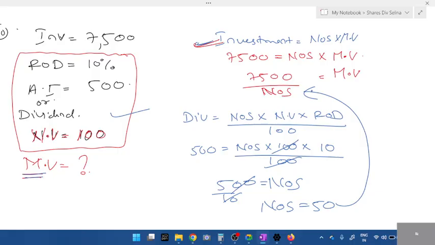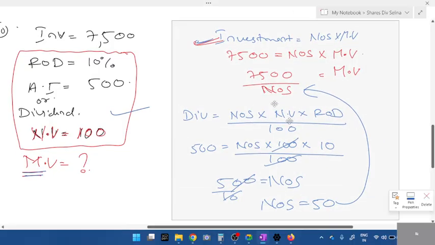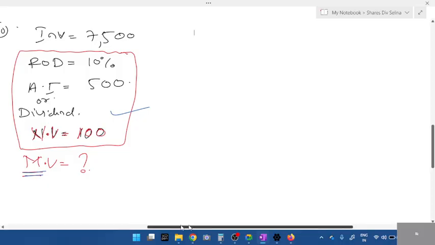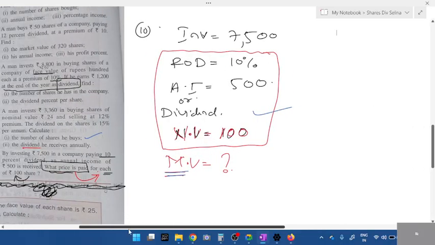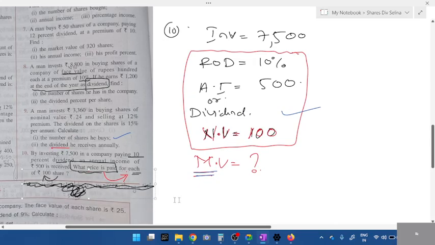So those who didn't understand, I'll explain again. Look at the screen. And the most important part, students: in any question, if nominal value is given, what else should be given? If there is nominal value, market value definitely should be given.